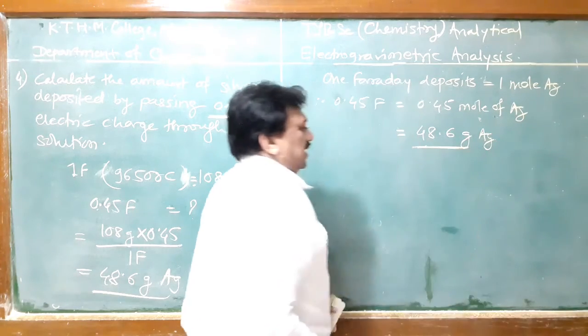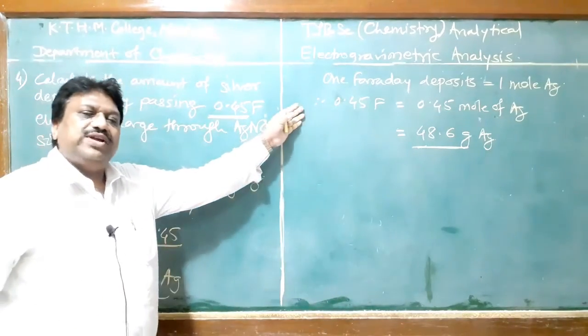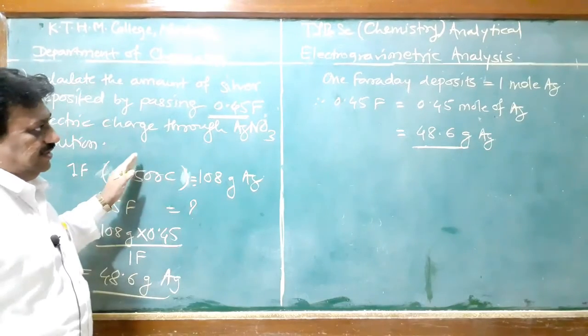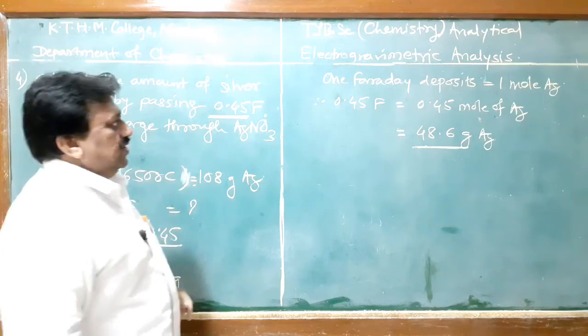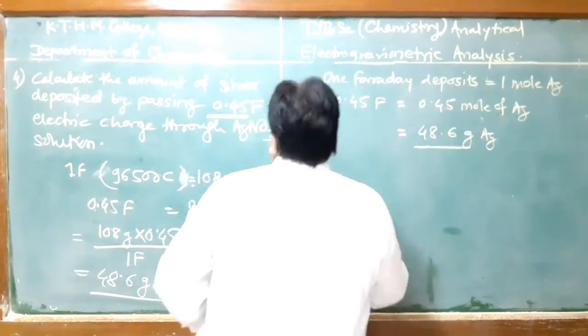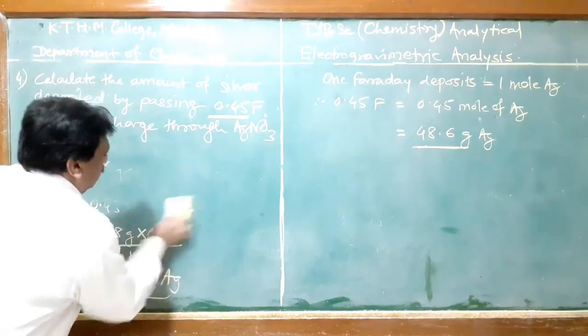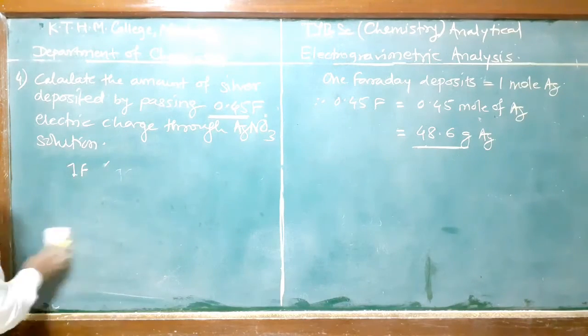And therefore, here this is a relationship that we have to utilize during the calculation of amount of material deposited. Student, now we solve another problem based on calculation of electrochemical equivalent.